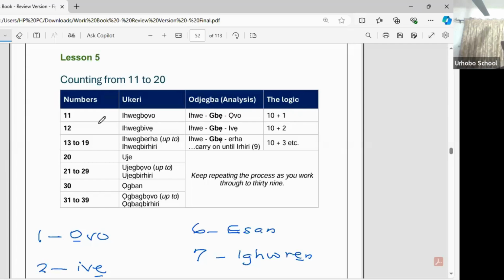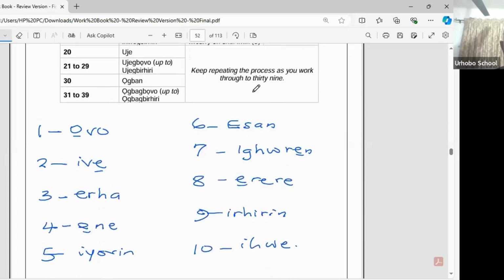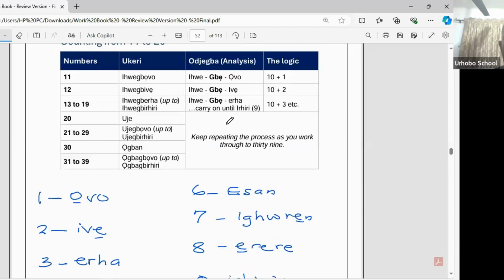Ikwe bive is 10 plus 2, because ive is 2. 10 plus 3 gives you 13. So that's how you carry on. You say ikwe bovu 11, ikwe bive 12, ikwe bera 13. You keep repeating the process as you walk through to 39.